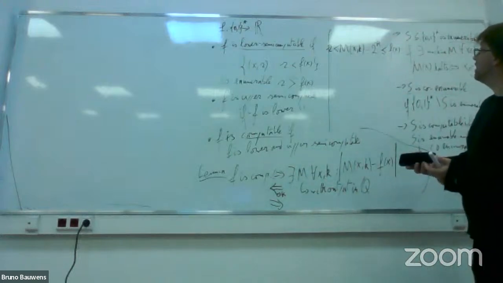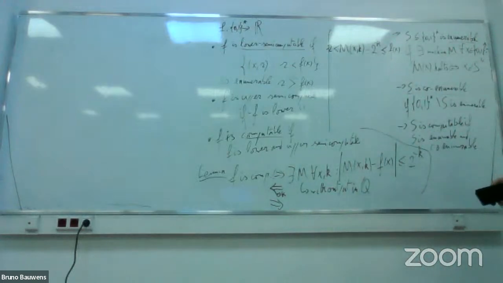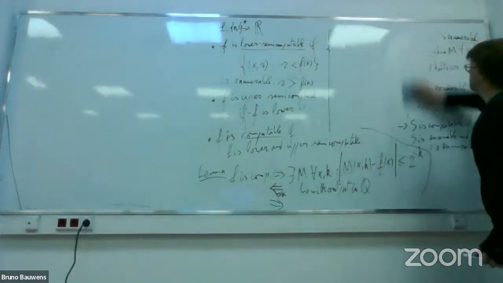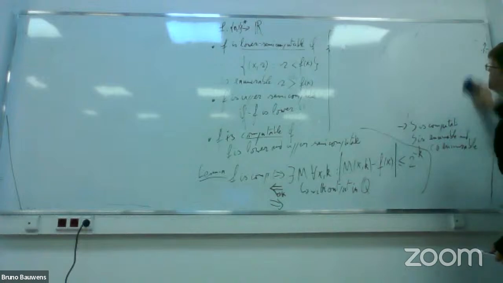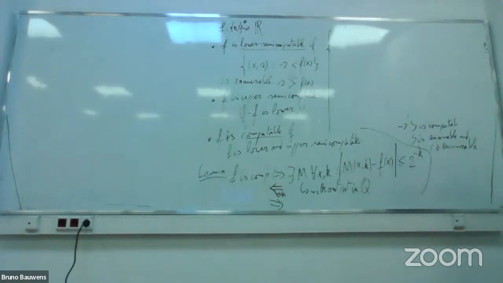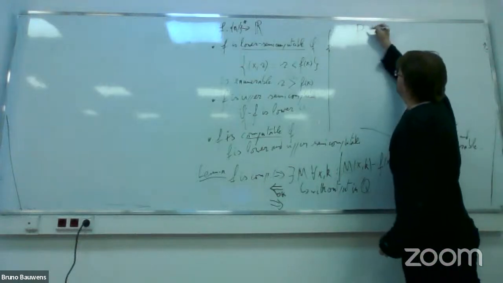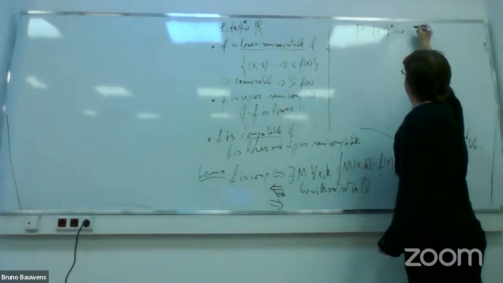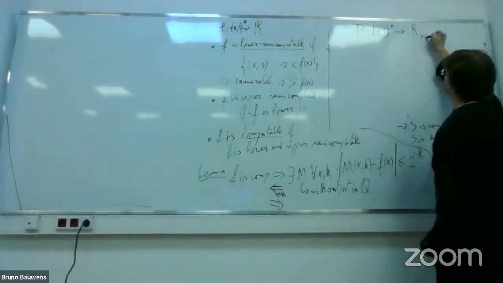Okay, so let me say what pre-measures are. We will assign probabilities to strings. We have P from {0,1}* to the non-negative real numbers.